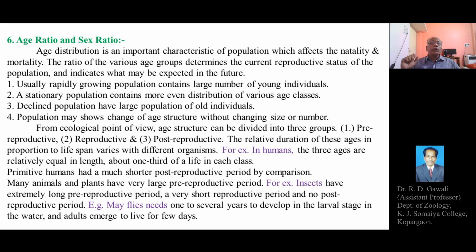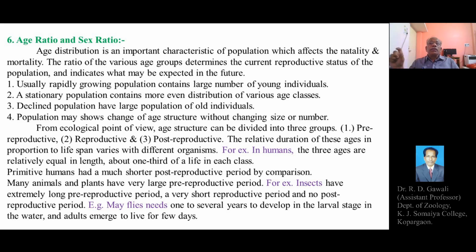The ratio of various age groups determines the current reproductive status of the population and indicates what may be expected in the future. It means the age distribution is of great importance for the process of reproduction, together with survival and even the death rate.